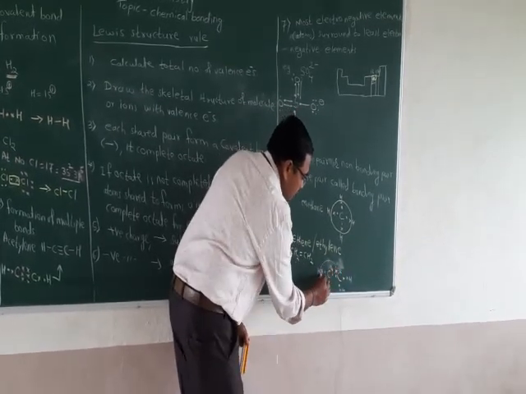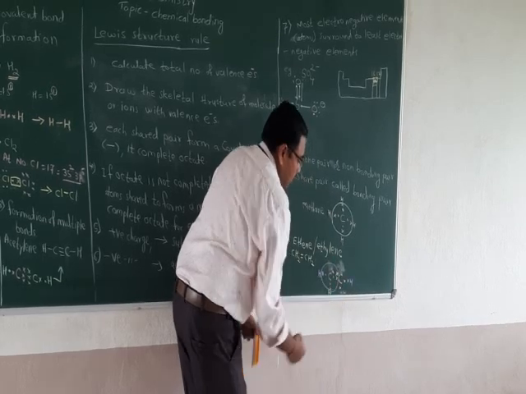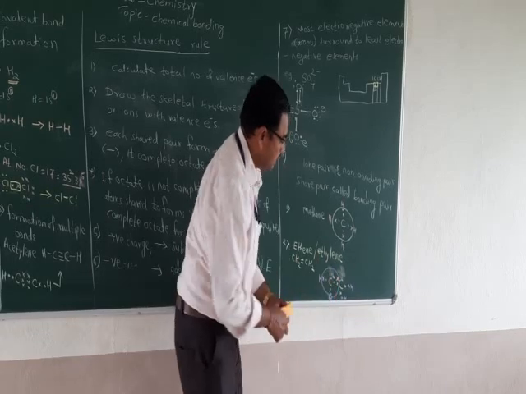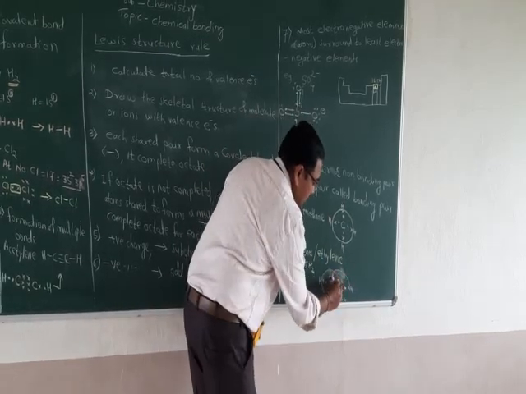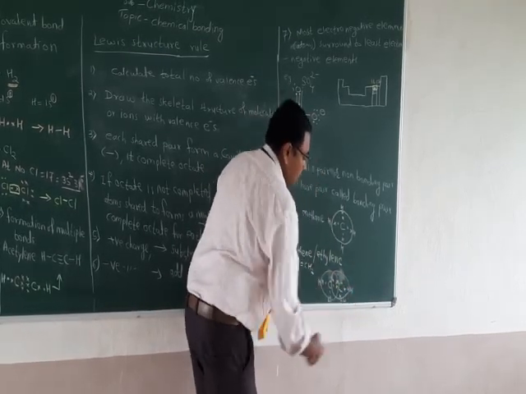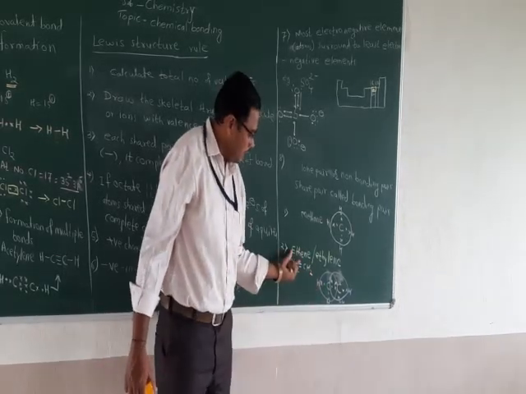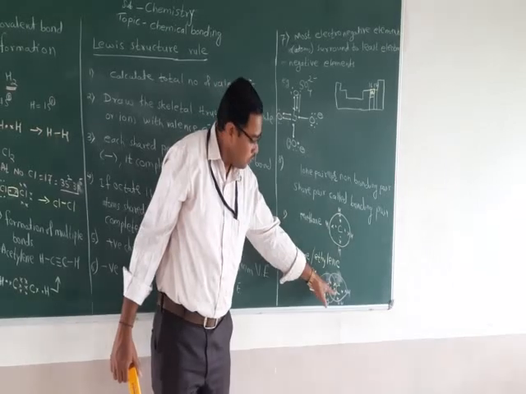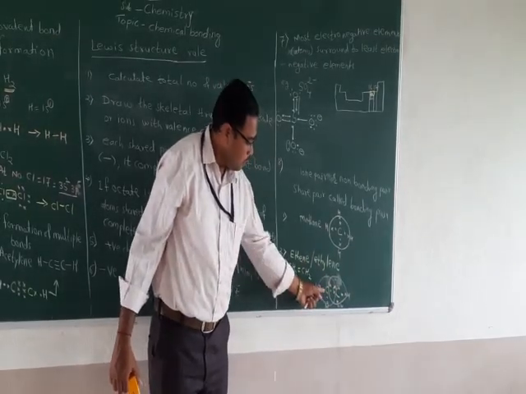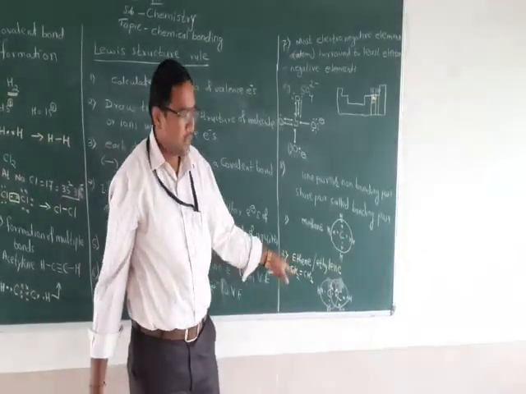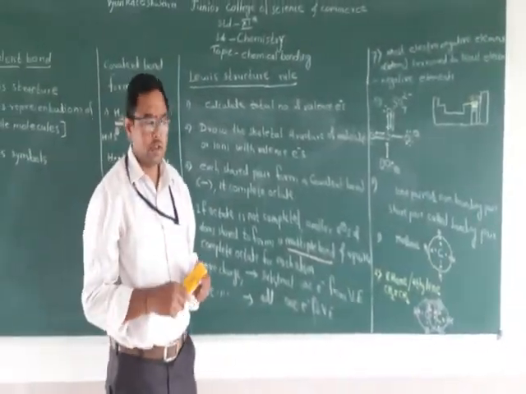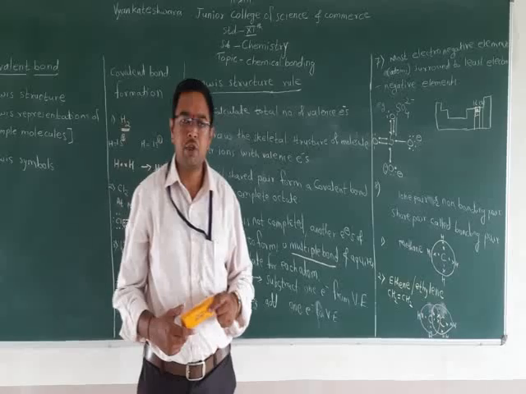At this time, this carbon completed its octet, 1, 2, 3, 4, 5, 6, 7, 8. Also, this carbon completed its octet in its outermost shell. Hence, the ethylene molecule contains a double bond, while the others form single bonds. These are the representations of the Lewis dot structure, including the formation of covalent bonds.